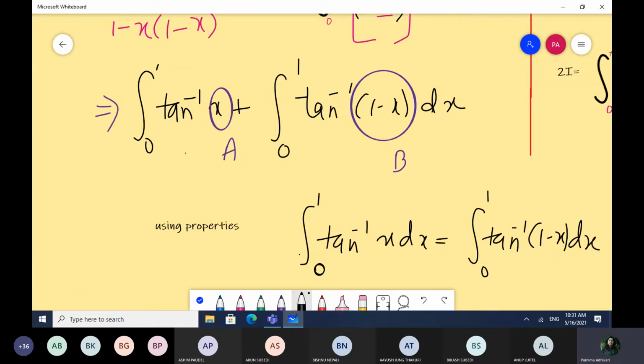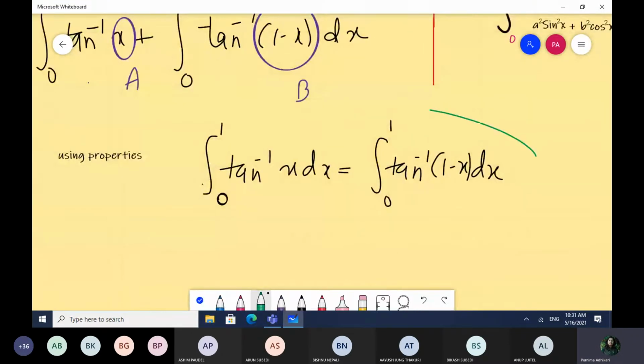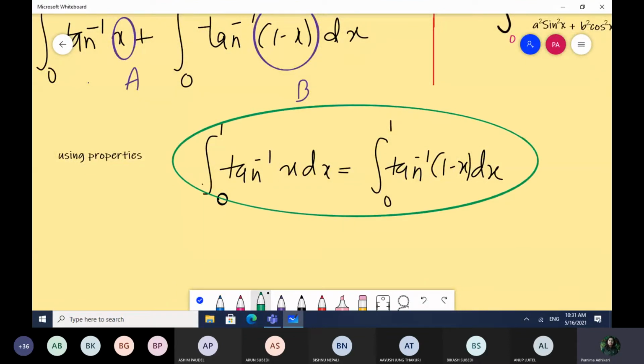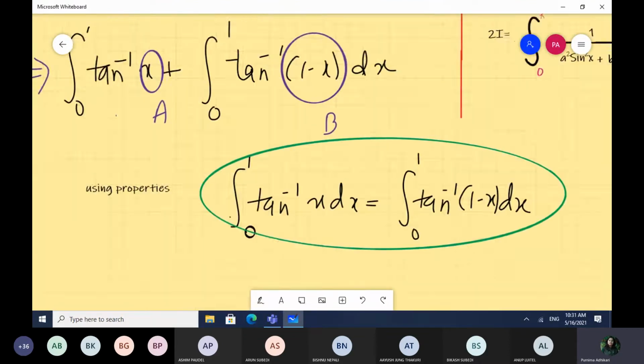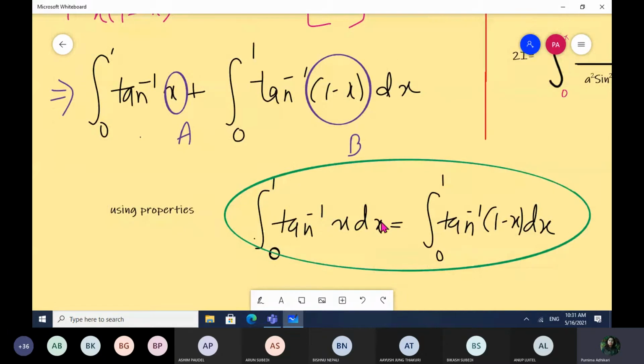So according to the properties of definite integral, both these integrals are equal. What does it mean? In place of tan inverse x dx, we can write tan inverse of 1 minus x dx, and also in place of tan inverse of 1 minus x dx with limits 0 to 1, we can write 0 to 1 tan inverse of x dx. But which expression do we want? We want this expression. So let's change the second integral.